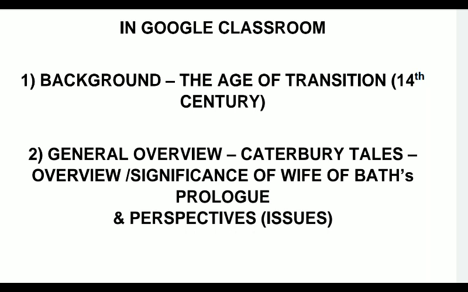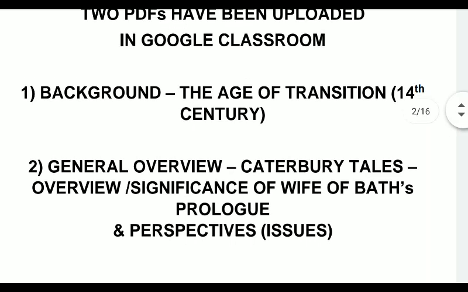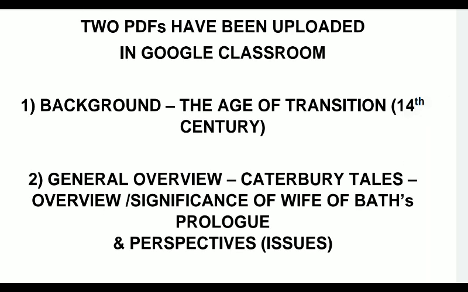It's rather a cross section of all the sections of society. This again kind of takes us back to the social and intellectual background of the age of transition, because as I was doing in class, the thing about the Black Death, which was a bubonic plague, and how it resulted in the rise of the new middle class.